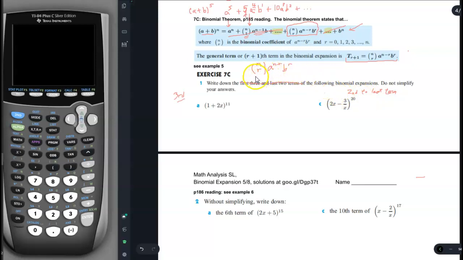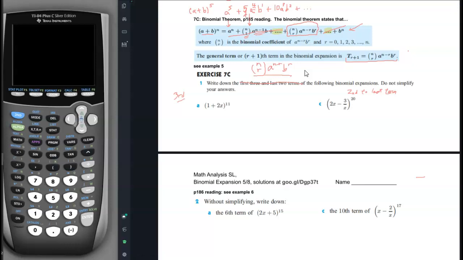Basically, all we need to do is fill in the variables with the appropriate numbers. One thing that's hard for students to understand is the value of R. R is the position in the binomial expansion of this term, okay? The difficult thing is they're not numbered from 1 to 7 or whatever. They're numbered from 0 to 6, okay?